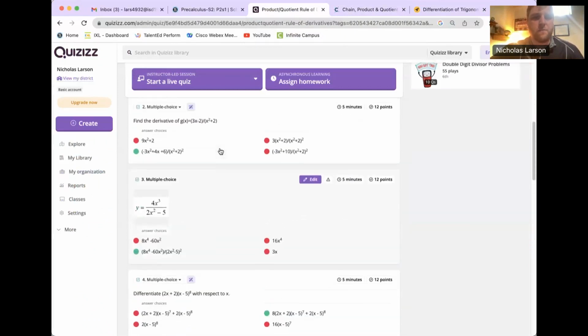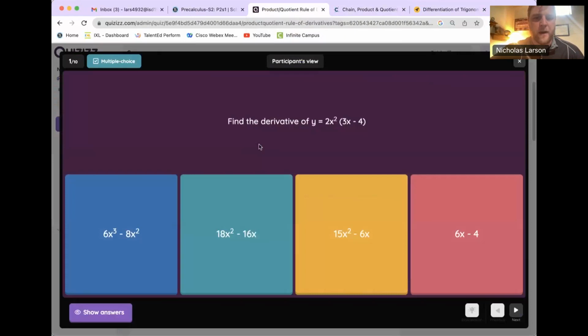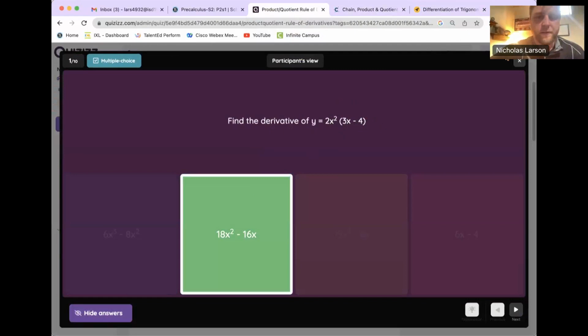Just gonna buzz through these. If you want to pause and try some of these, I'll just throw them up here. Pause it. Again, this is a great example of the product rule. First times derivative of the second plus the second times the derivative of the first.